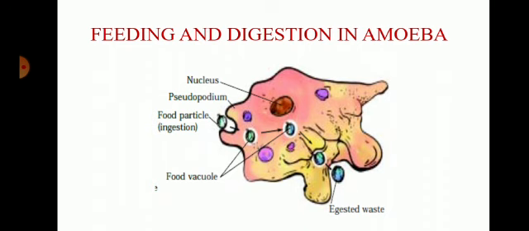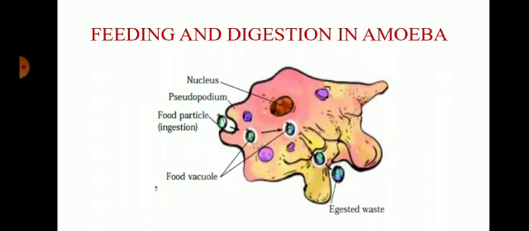The food of amoeba is microscopic organisms like tiny plants and animals present in pond water. When amoeba senses its food, it pushes out pseudopodia around the food particle and engulfs it.